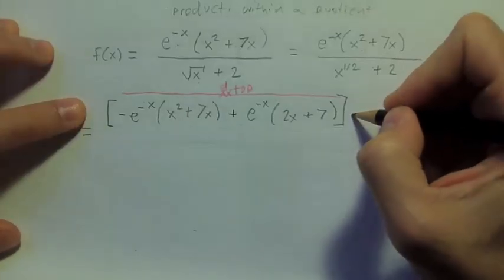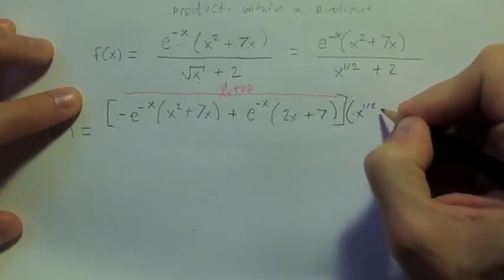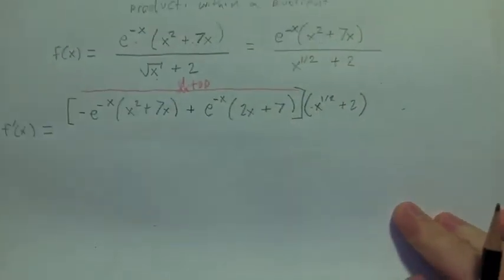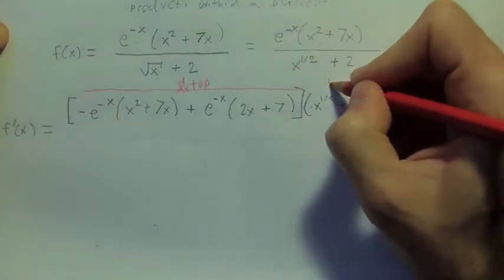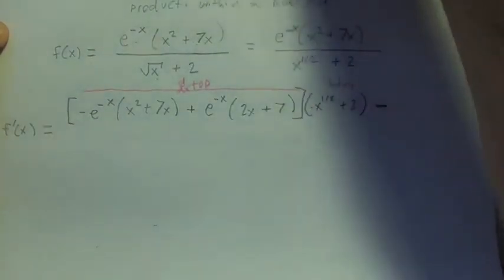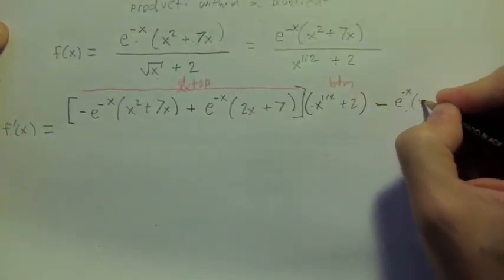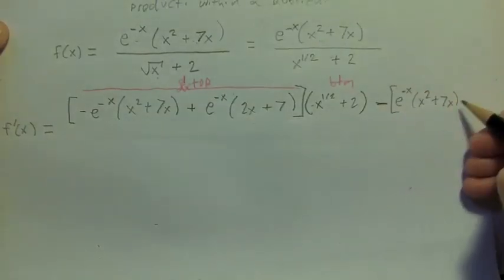Then the next piece is just the bottom left alone, so that'll be x to the 1/2 plus 2. Then minus the top left alone. I'll put that in brackets just so it matches.